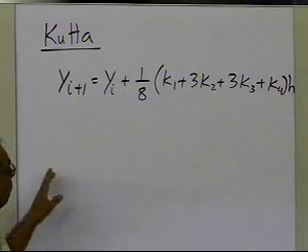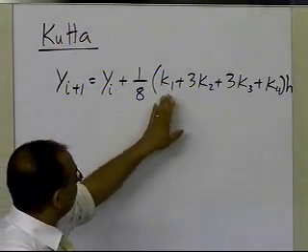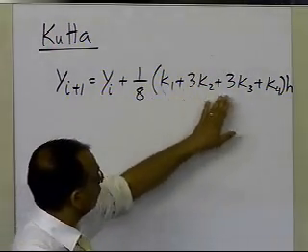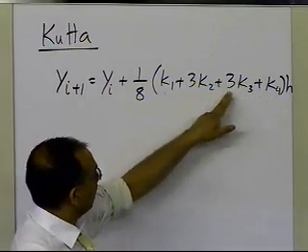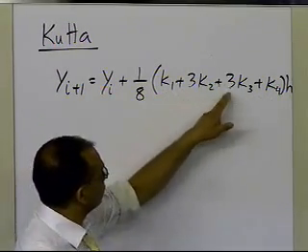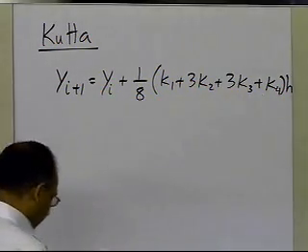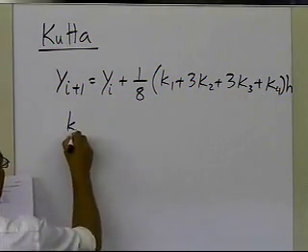It looks very similar to the RK4 formula, with slopes for K1, K2, K3, and K4. Here K2 and K3 get 3 times the weightage, so 1 plus 3 plus 3 plus 1 is 8, and it gets divided by 8.